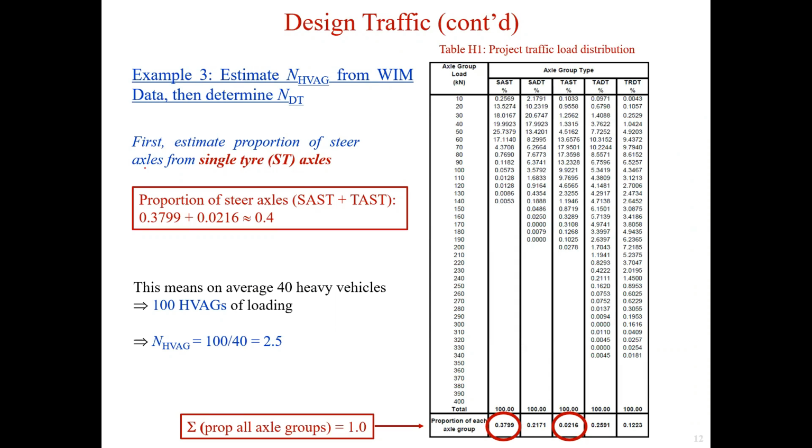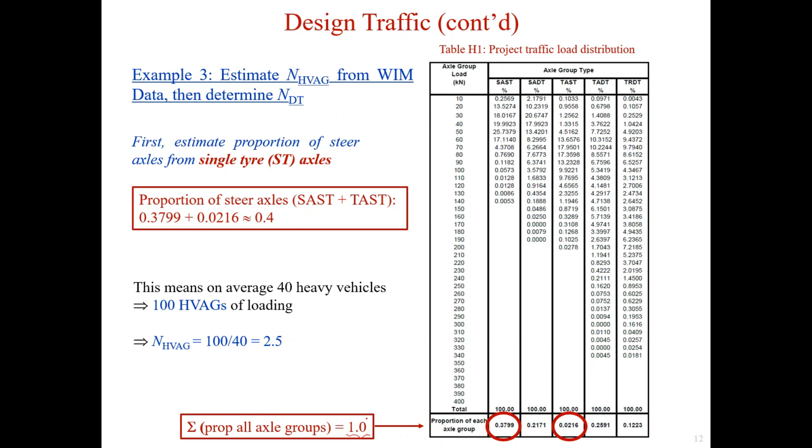Now let's look at one example here. The weigh-in-motion data given in table H1 is available for us to calculate an NHVAG. Firstly, we need to estimate the proportion of steer axles from single tier axles. From table H1, the total proportion of the axle group is 1.